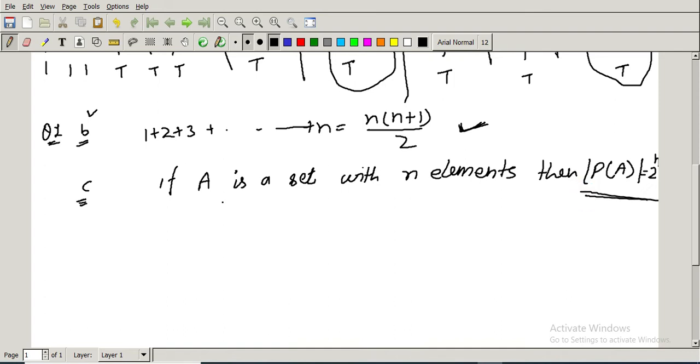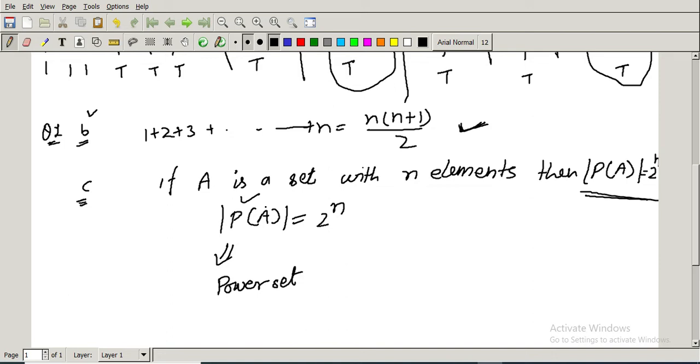Let me write here: P of A is 2 raised to power n. Here P denotes the power set. It means the power set of a given set.